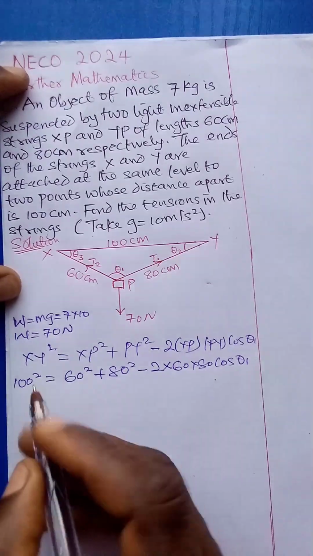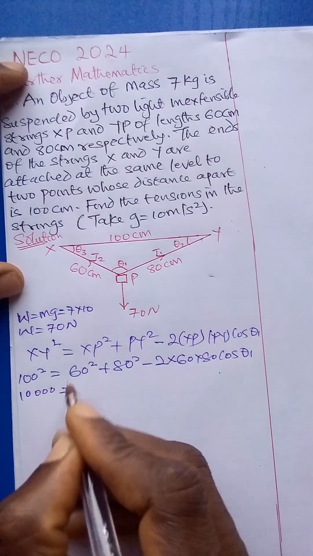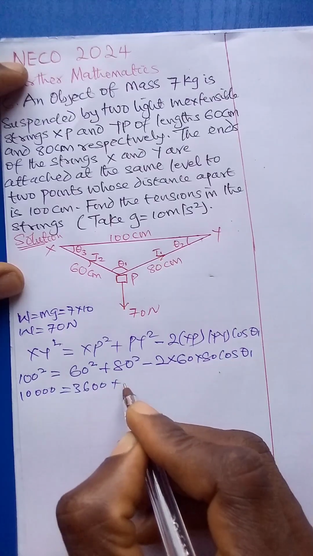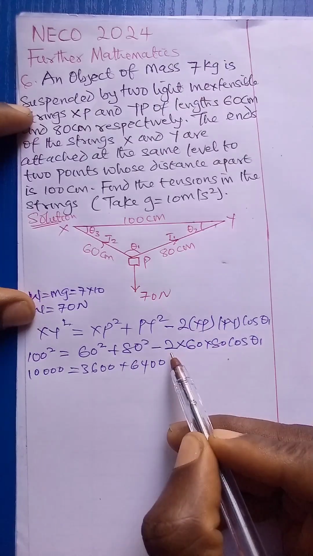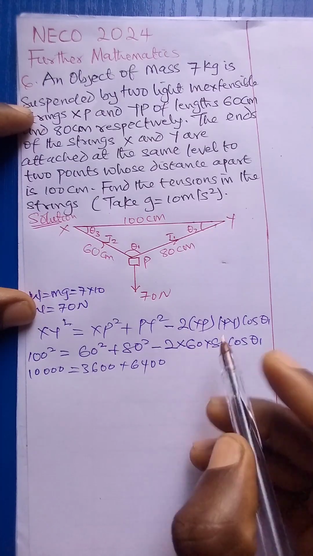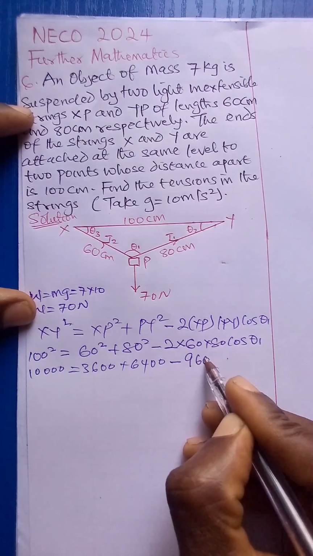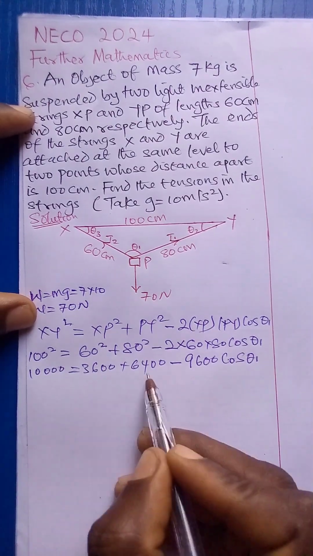And let us proceed. 100 squared is 10,000. 60 squared is 3,600. 80 squared is 6,400. 2 times 60 is 120, and 120 times 80 is 9,600. Then we have cos theta 1. So let's add these two together.